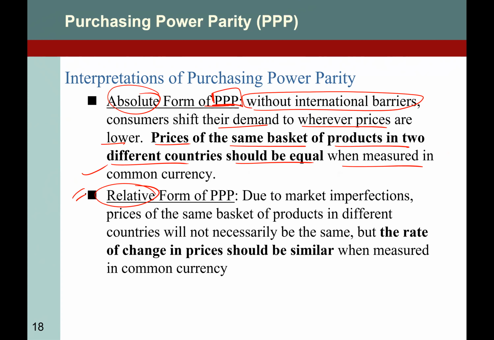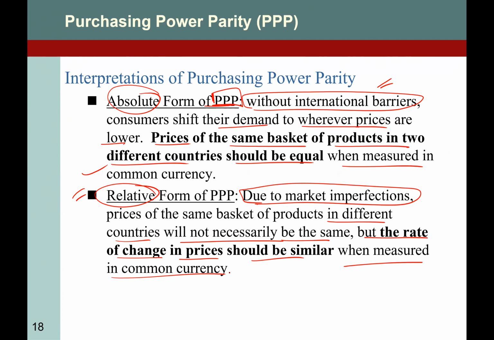Relative means when there are some restrictions or market imperfection, the prices of the same basket of products in different countries will not necessarily be the same, but the rate of change in prices should be similar when measured in common currency. So there are just two categories of purchasing power parity.